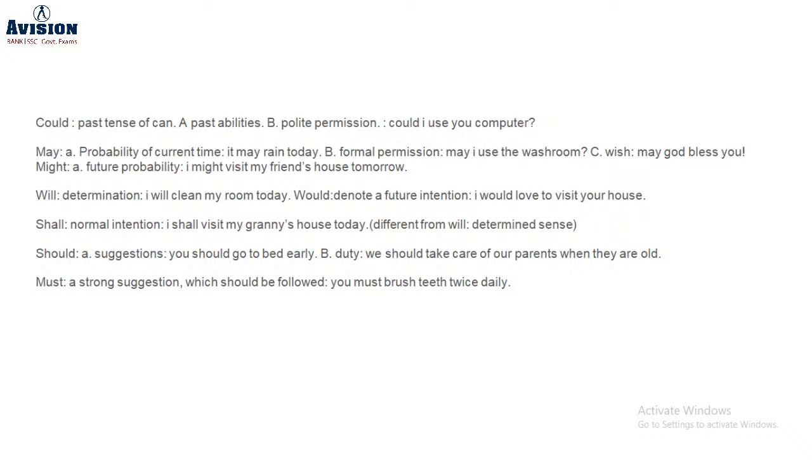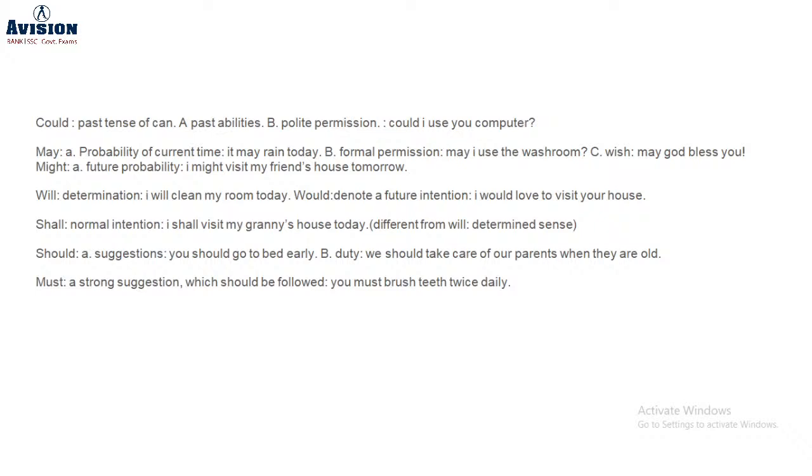Will is used in sentences where there is a sense of determination, because already you know the word will, which we use as a noun. The word will also has a different meaning apart from being a modal verb, right? We say it with willpower, or she has the will to do this activity.